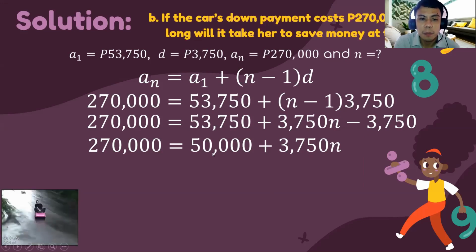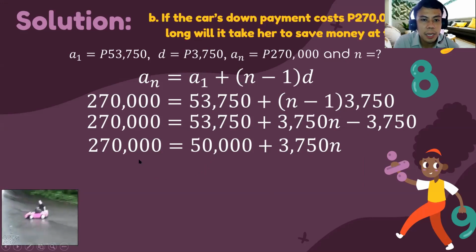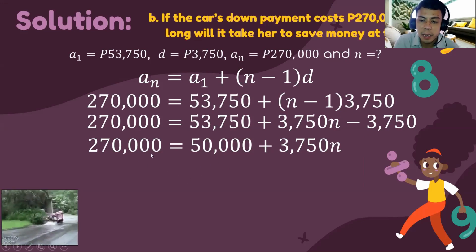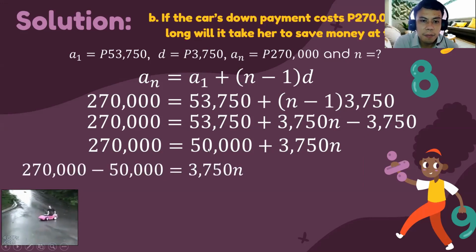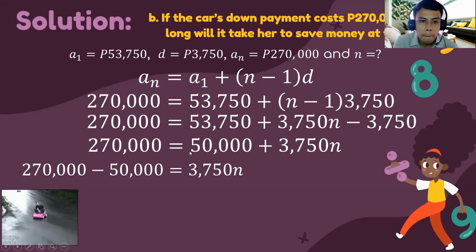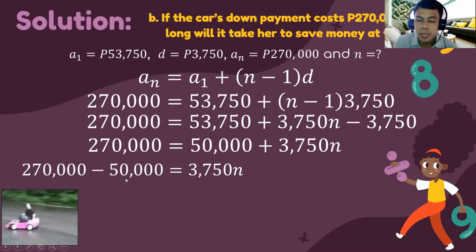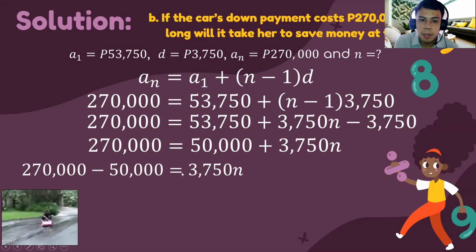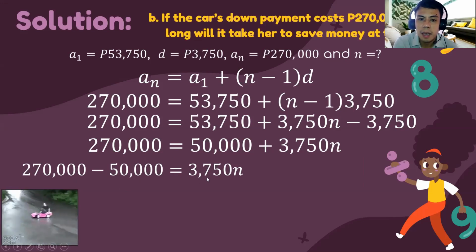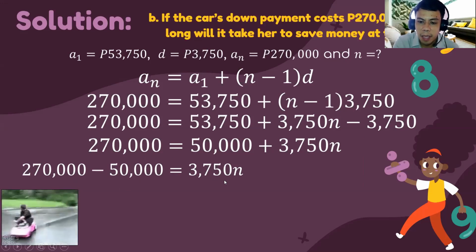So we will transpose 50,000 to the other side. Positive 50,000 transposed to the other side becomes negative 50,000. So we have here 270,000 minus 50,000. What's left at the right side of the equation is 3,750 n.